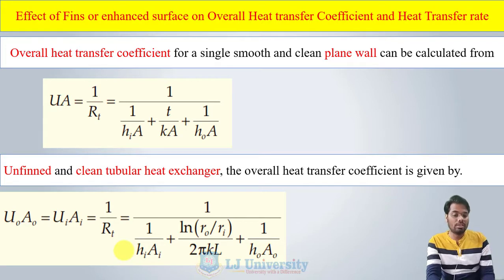Then again there is a convection resistance, which is 1 upon hoAo, where Ao is the area of the outer side of the pipe. So this is the total thermal resistance offered by a clean tubular heat exchanger. And here the overall heat transfer coefficient is based on the inner area or the outer area, so it would be based on UiAi or UoAo.